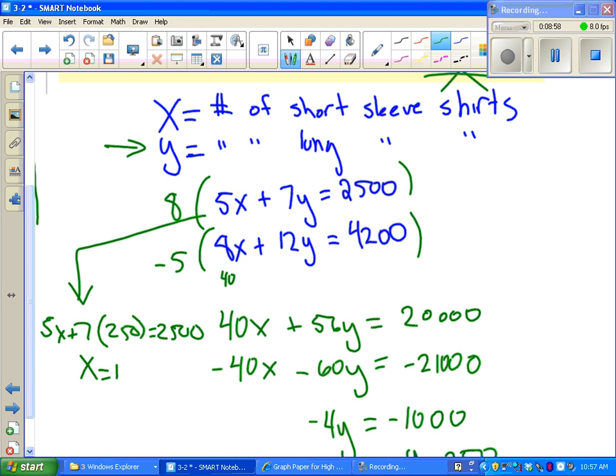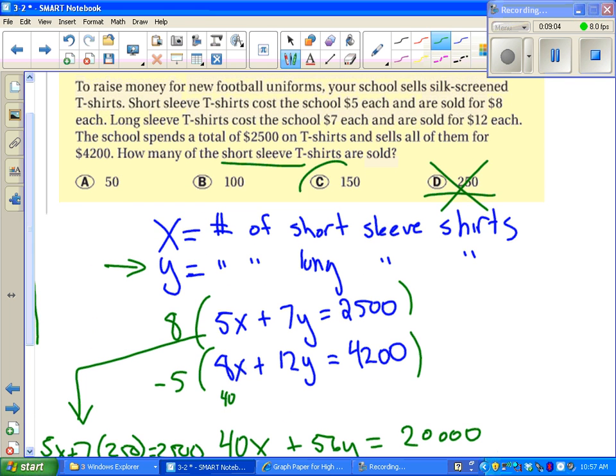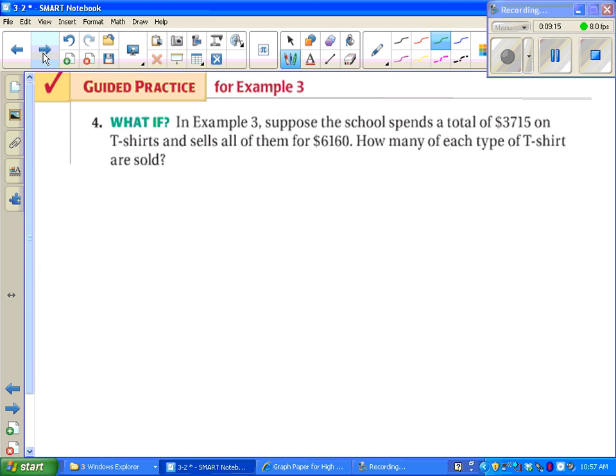Turns out x equals 150. Make sure you can do those steps if you're not sure about it. Then we get our answer. Multiple choice test writers love to put answers there that trick you, and this is a perfect example of that happening. At this point, you can pause the video and try this on your own, or you can do that later.